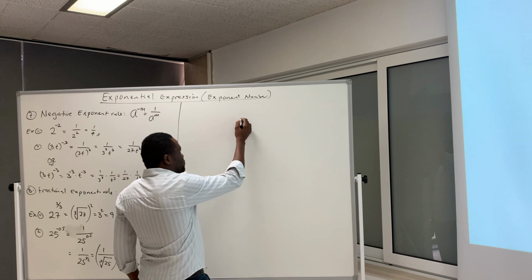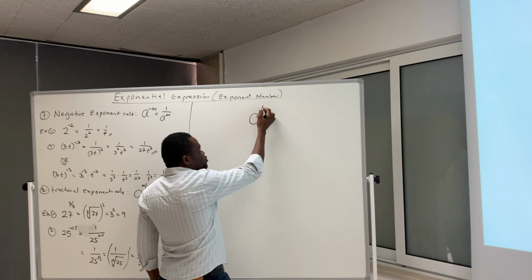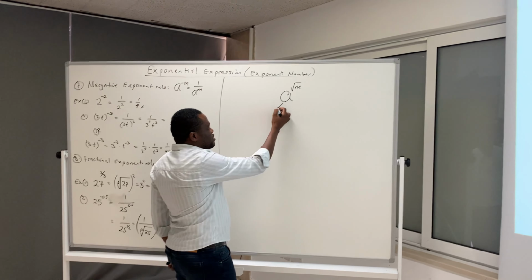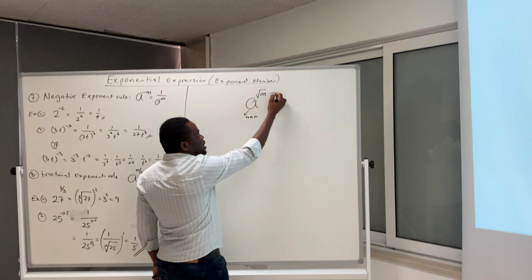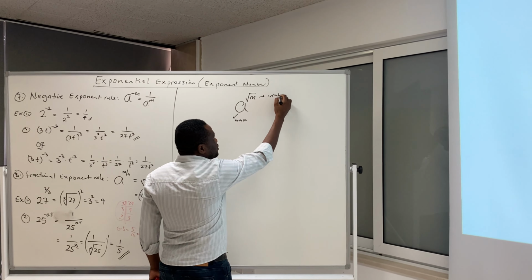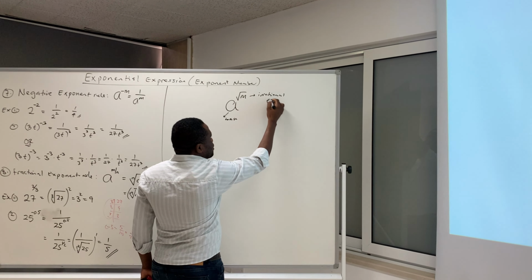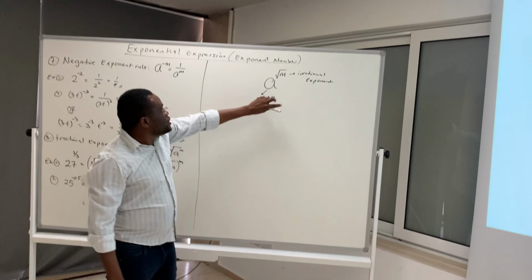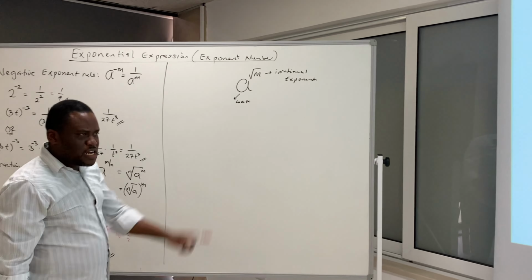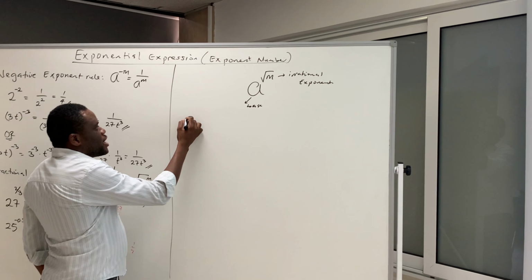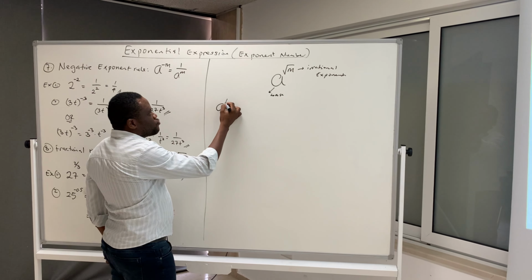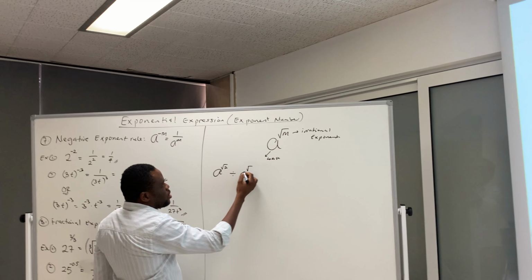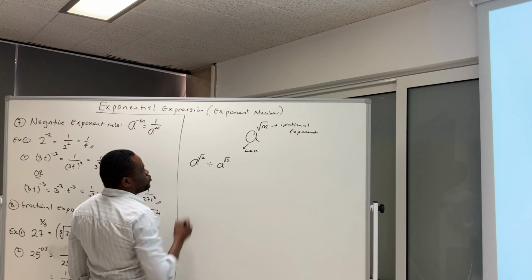That is, if you have a as our base and the exponent here is irrational, this is called an irrational exponent. So the same thing you can apply to all the 8 rules. Let me just do one for you. Say a to the power of 2 root 2 divided by a to the power of root 2.